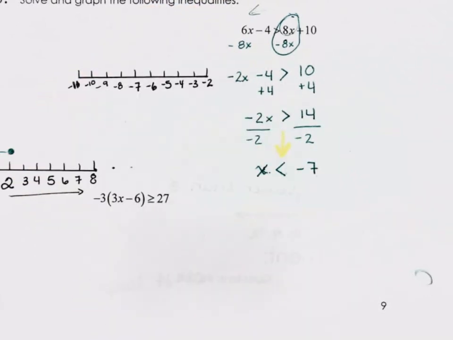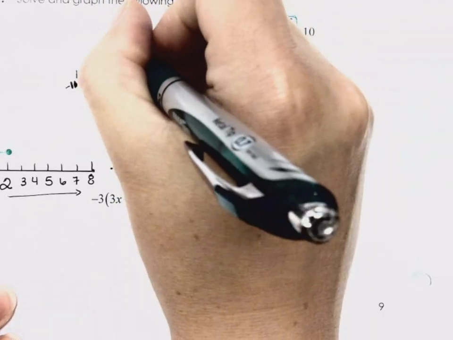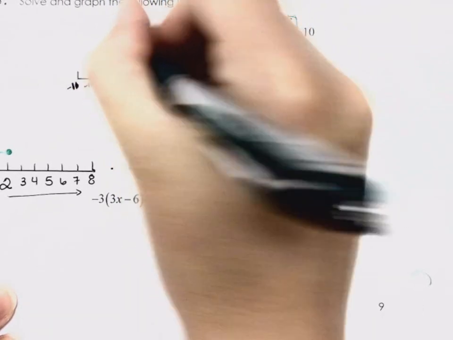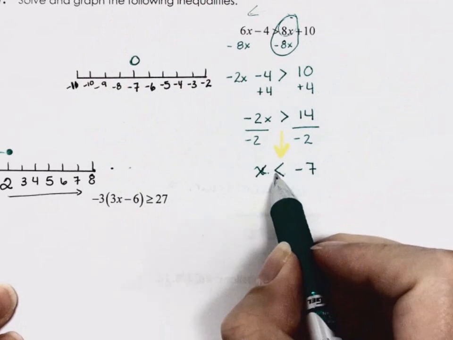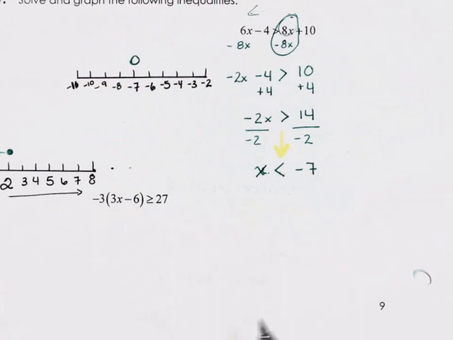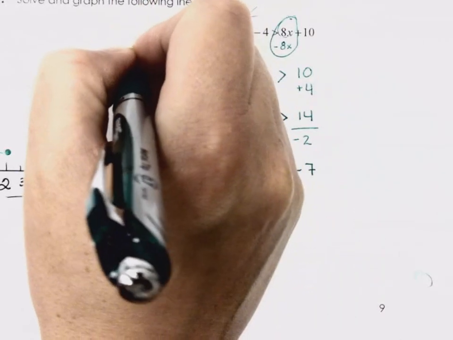Counting is hard. Open or closed circle at negative 7? Open. So I'm going to put an open circle at negative 7. And it says x is less than negative 7. So is my arrow going to the left or to the right? Left. Beautiful.